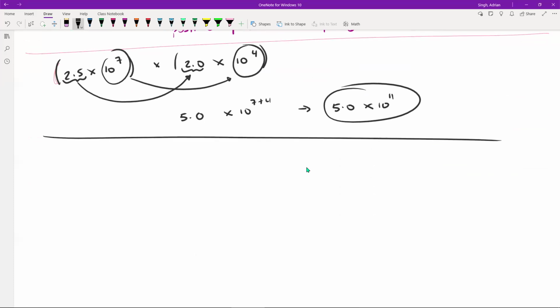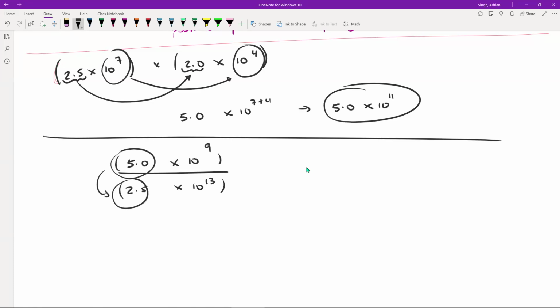Similarly, let's say I had 5.0 times 10 to the 9. I'm going to divide that by 2.5 times 10 to the 13. Okay. Again, I can put these in parentheses if you need to. I can tease out the coefficients first.